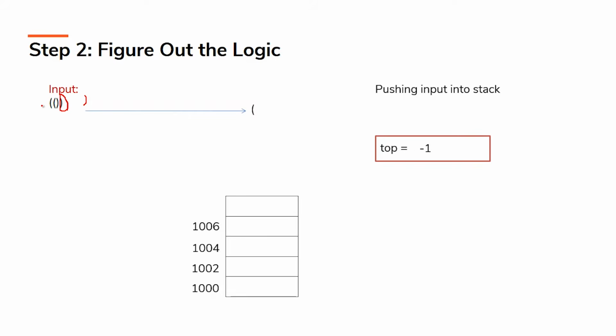First, the string has been taken as input and I have split it into individual characters in the character array, and then I'm taking the first character present inside the string and I'm trying to push it inside the stack.